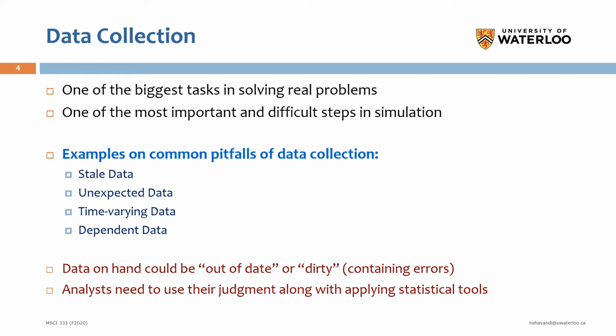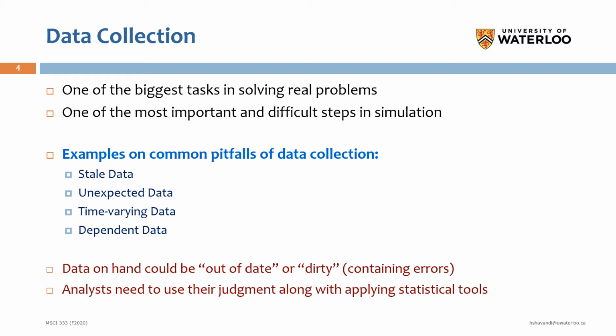The data that we have may be out of date, or maybe dirty, containing errors. So how can we realize that the data are out of date or dirty? We need to use our judgment as well, right?